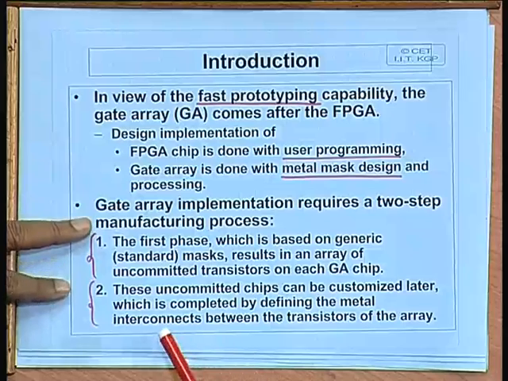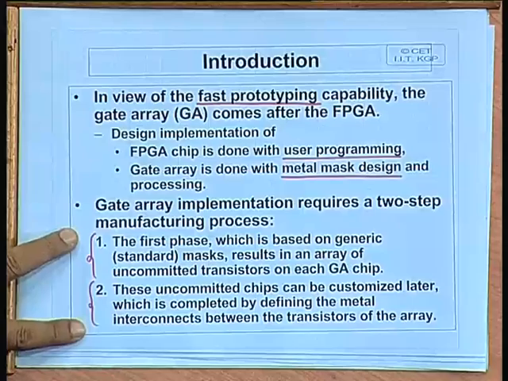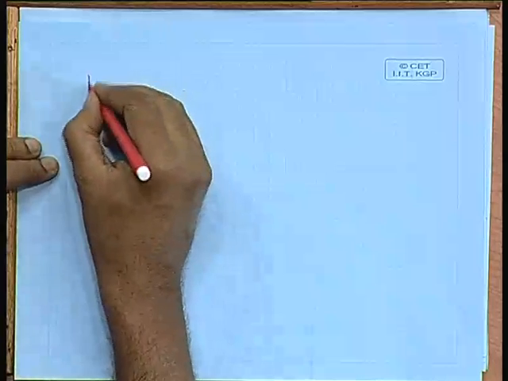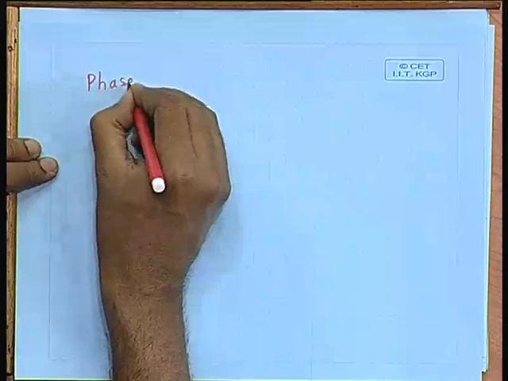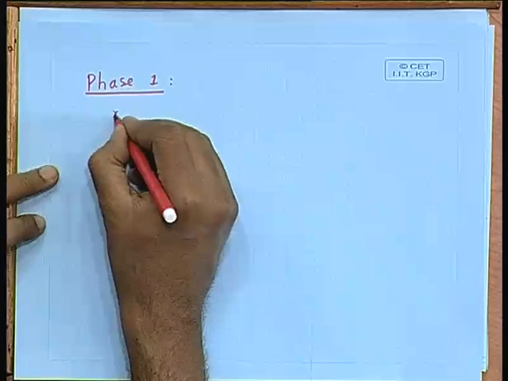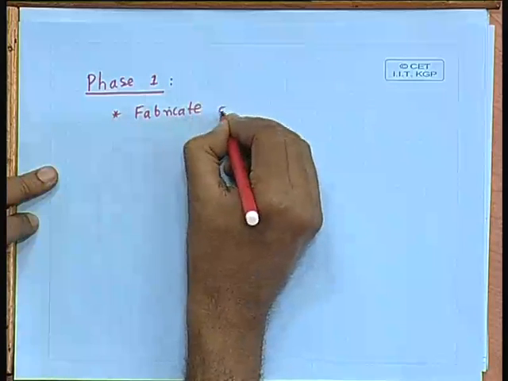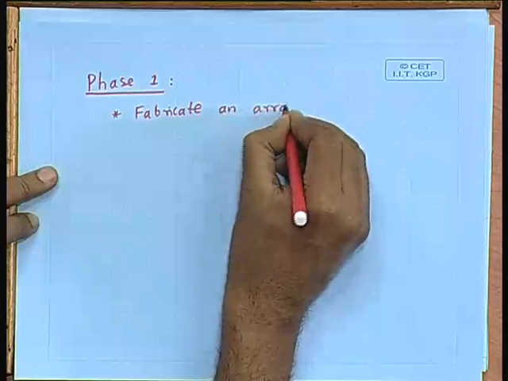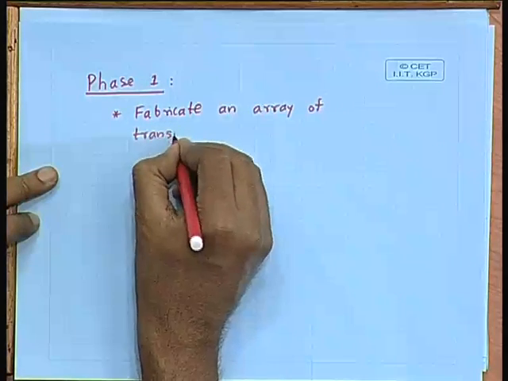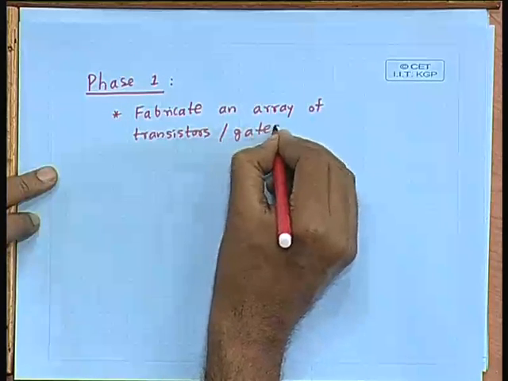So, the basic concept is like this. In the first phase, in phase 1, you basically fabricate an array of transistors or gates depending on the kind of gate array you are using.